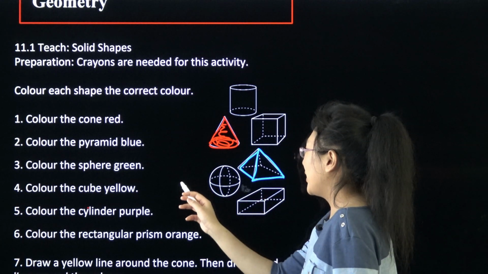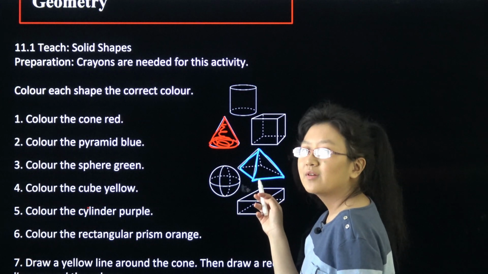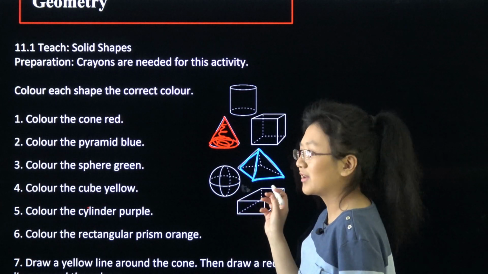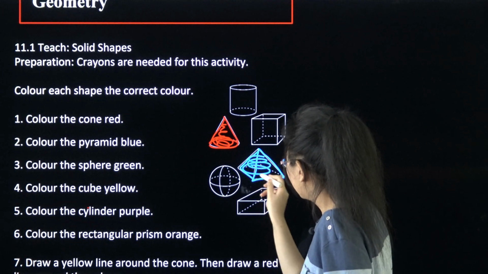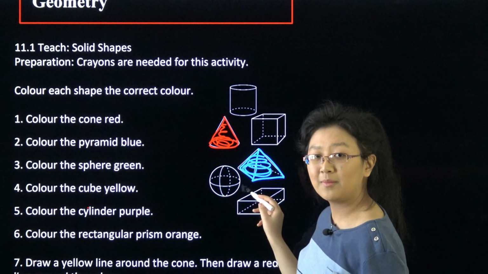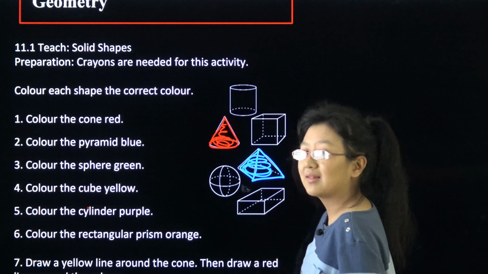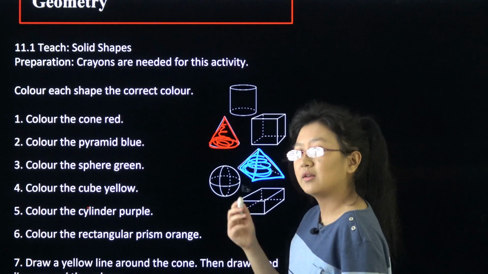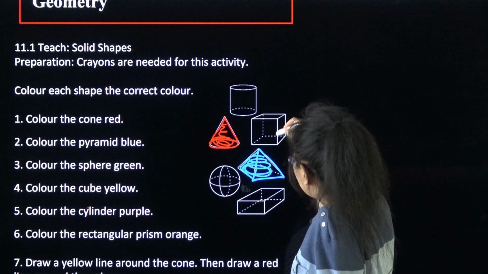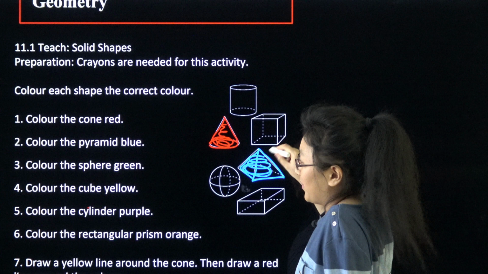So if the pyramid looks like this shape, and the reason why it's called a pyramid is because it looks like the shape, well, this one's a pyramid. This is a square-based pyramid. We'll be learning about different types of pyramids in later lessons. So for now, this is just a pyramid.